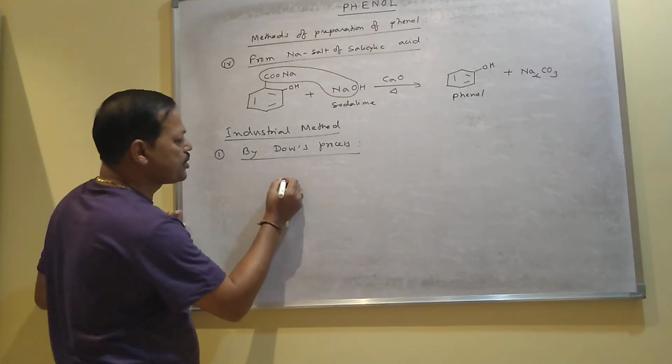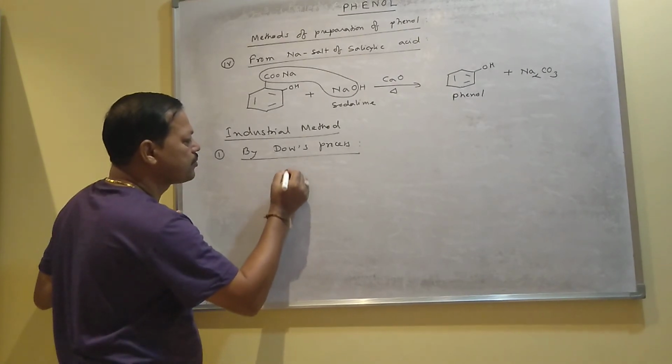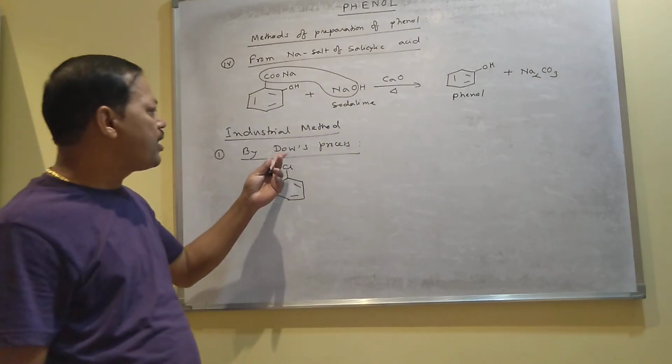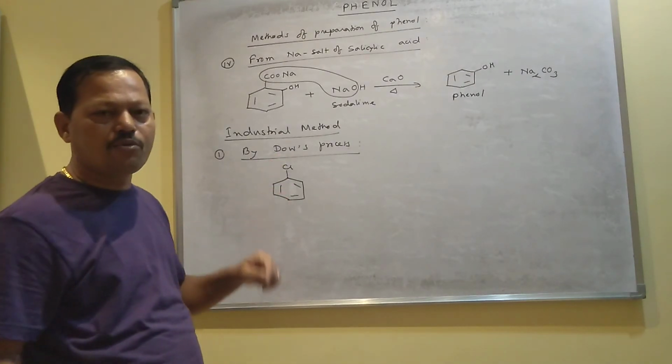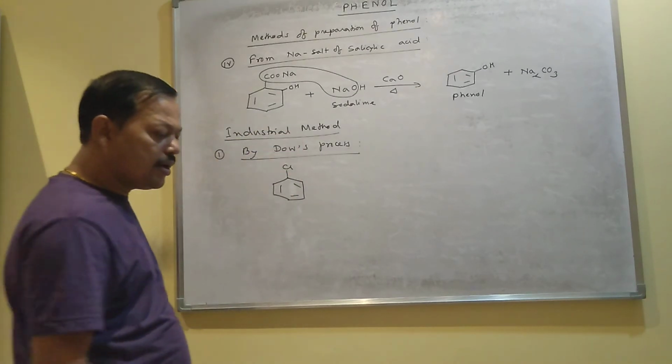In the Dow process, phenol is prepared from chlorobenzene. Do you know the difference between lab method and industrial method? In the lab we prepare in small amounts, in industry they prepare in large amounts.